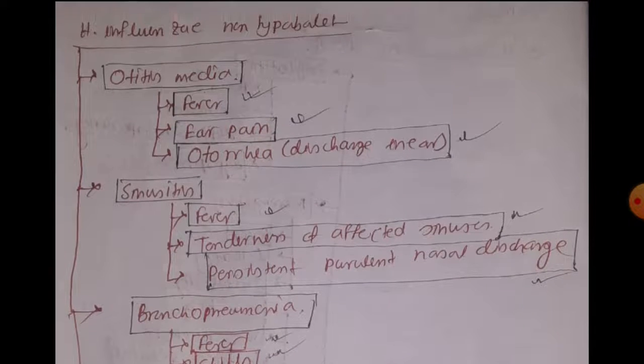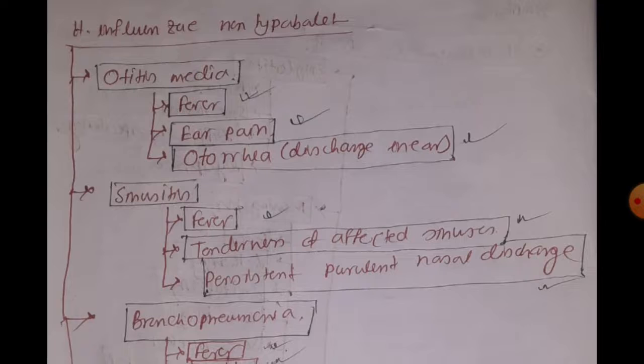Another important species is non-typeable Haemophilus influenzae. Try to remember what I taught you in my third video lecture: non-typeable Haemophilus influenzae only causes mucosal infection by direct extension. It cannot cause any kind of invasive disease.